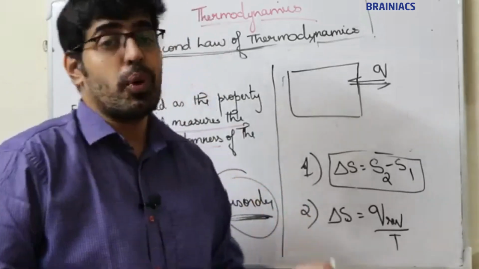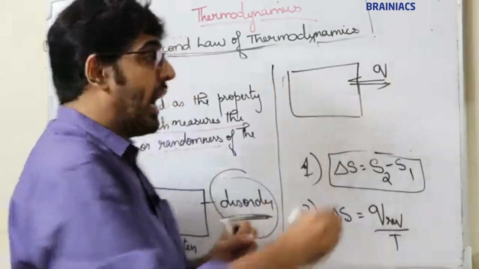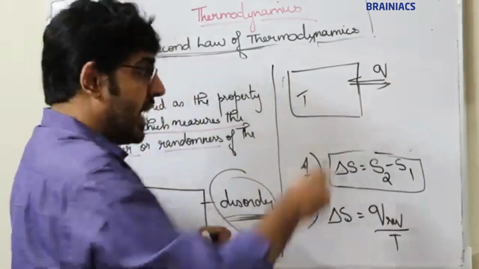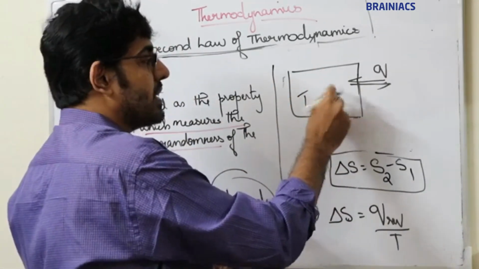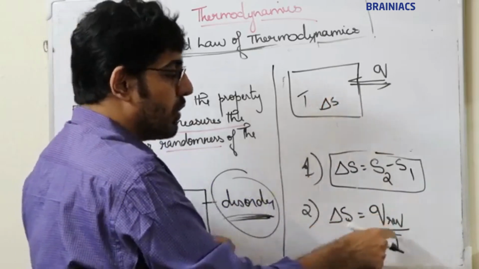And during that reversible process, if heat is absorbed at a temperature T, then entropy of system, delta S, is equal to Q reversible by T.